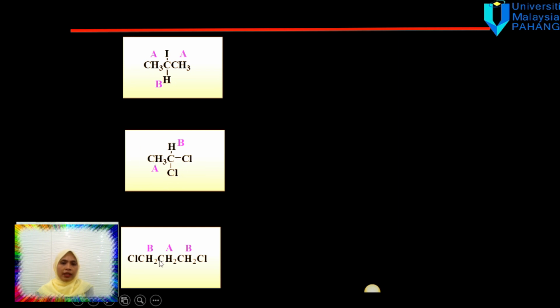Also 2 signals. In this molecule, this proton and here, all are different. This molecule is a symmetrical molecule, with only 2 signals, because on the right side and the left side are the same environment, and in the middle is a different environment.